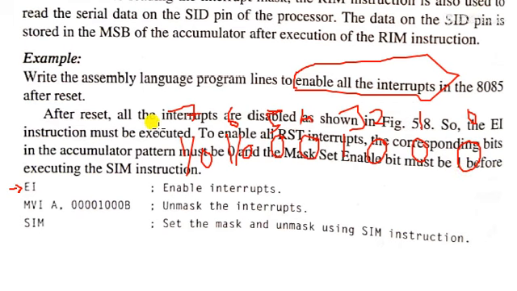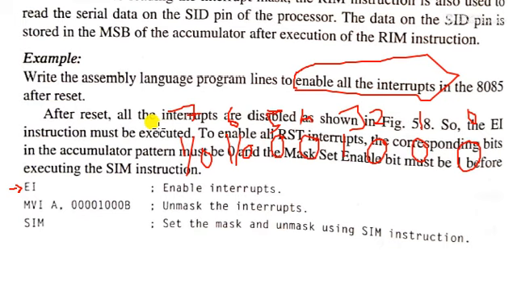Okay. So the SIM instruction gets the data from the accumulator, because in the processor, for memory mapped IO and IO mapped IO, we use the accumulator to transfer the data.